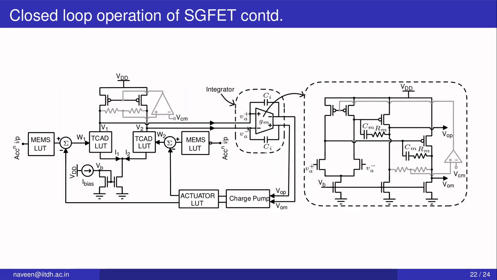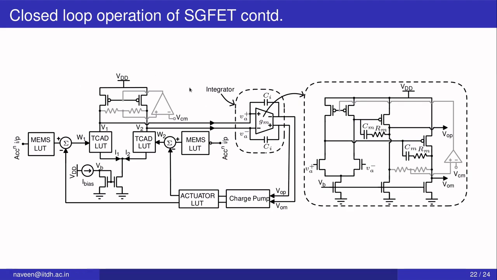So circuits as sophisticated as this, wherein you have the acceleration input going to a MEMS lookup table, which determines the width of the transistor, that essentially tells you what is the transistor characteristics, that goes to an amplifier, then to, in this case, we have shown how you can interface it with an integral control. So you have an integrator, which is essentially a transistor op-amp, in this case a transconductance based integrator, to a charge pump and an actuator.